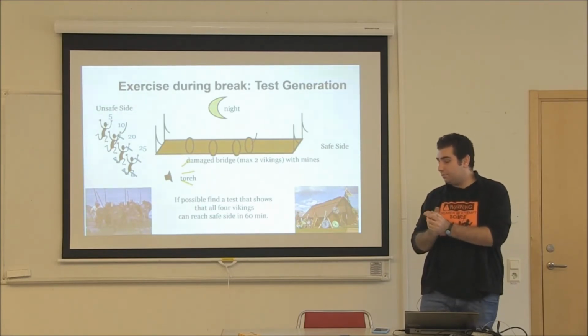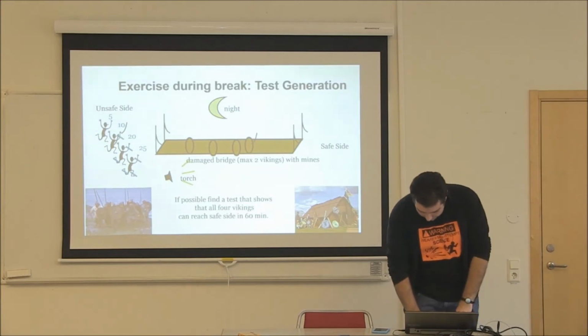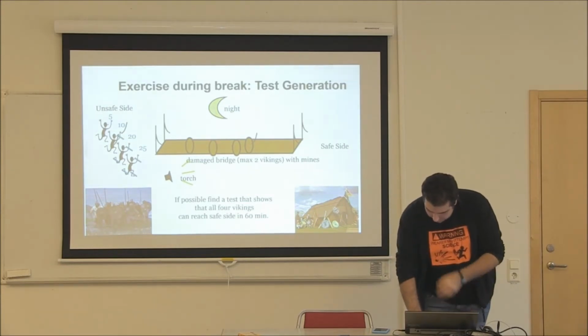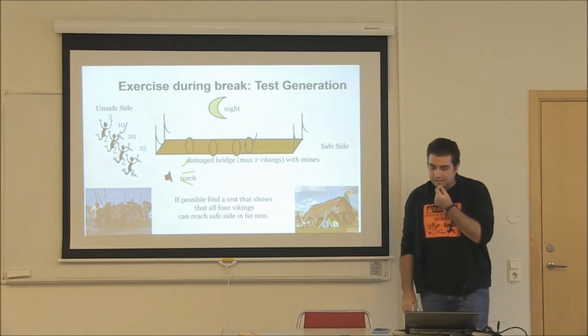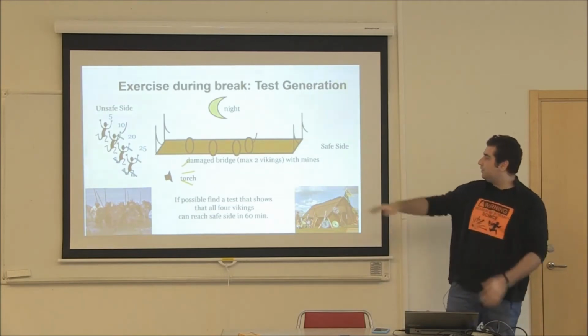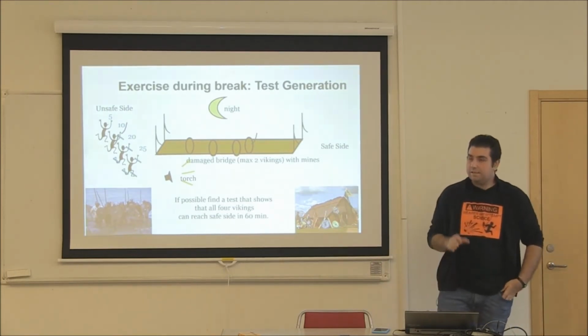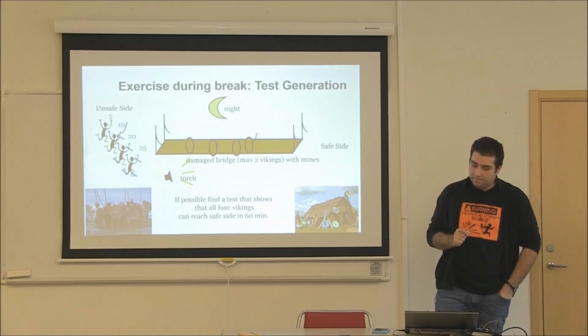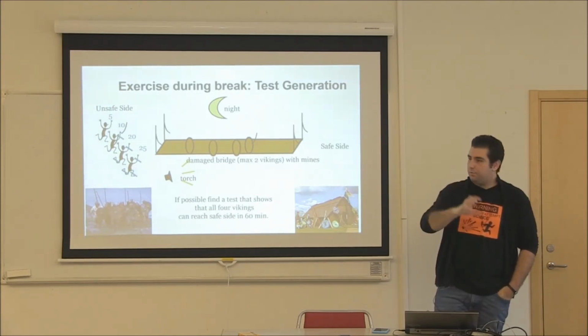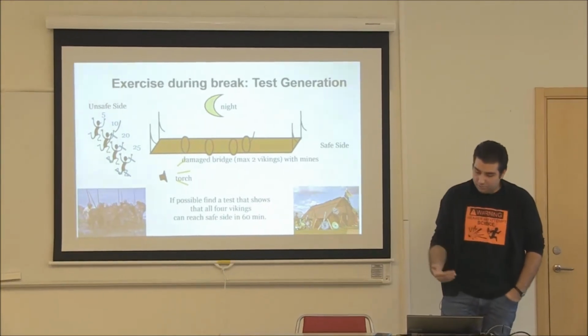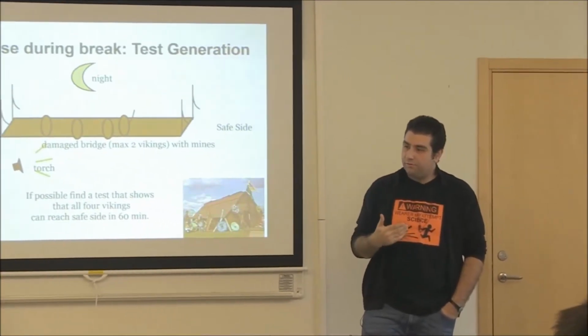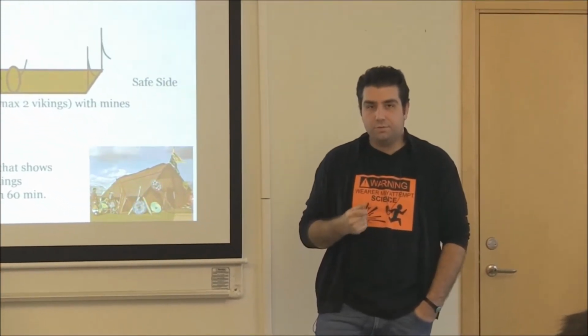My question is: can the Vikings get to the safe side within 60 minutes? Can you show me a test, a schedule, which gets all 4 Vikings over the bridge within 60 minutes?